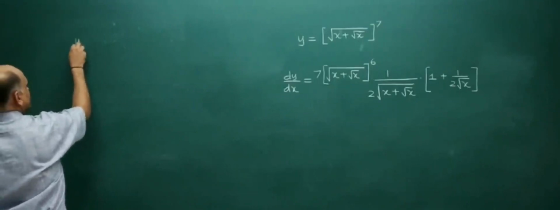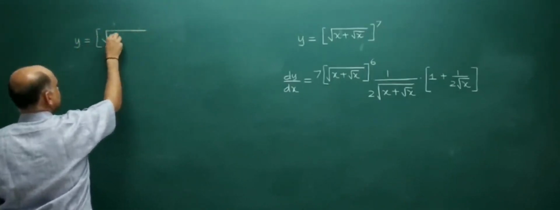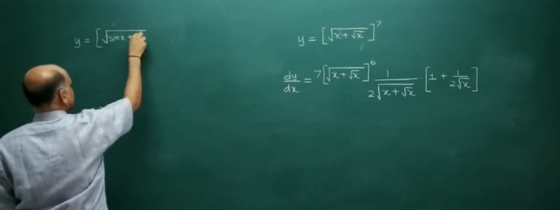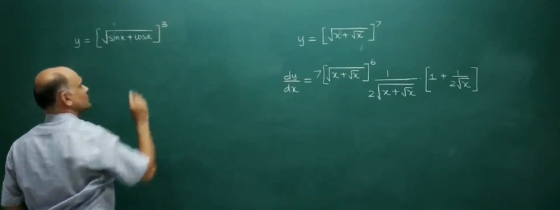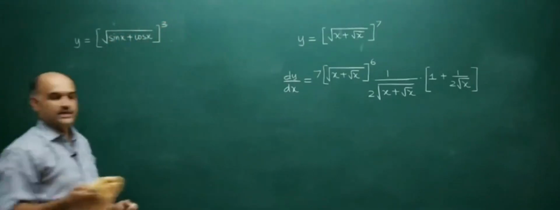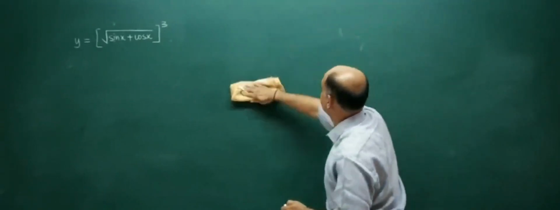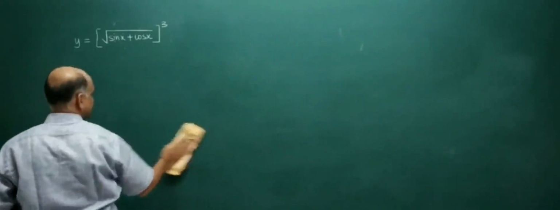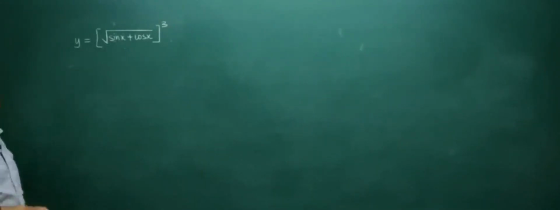y is equal to bracket root of sin x plus cos x, whole bracket cube. So first you are required to differentiate 3, then root, then the term inside the root.